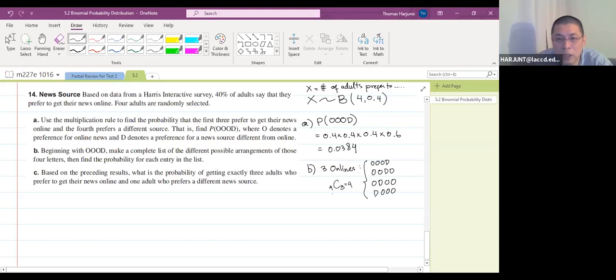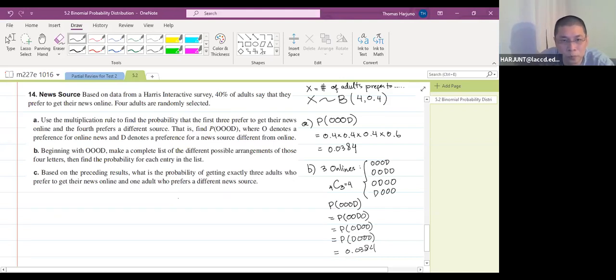Okay. Now the probability of online, online, online, different is equal to the probability of online, online, different, online, which is equal to the probability of online, different, online, online, and equal to the probability of different, online, online, online. Each one of them is 0.0384.